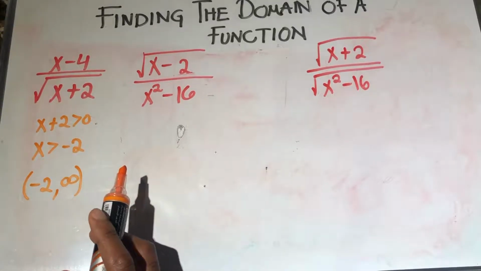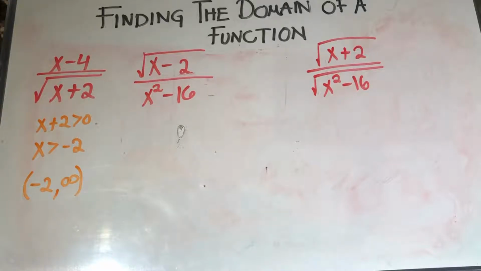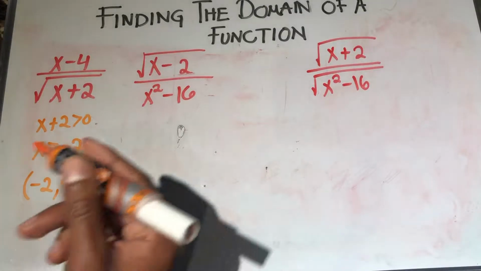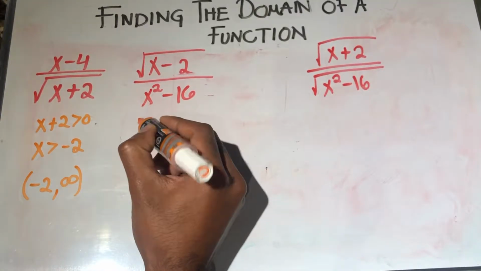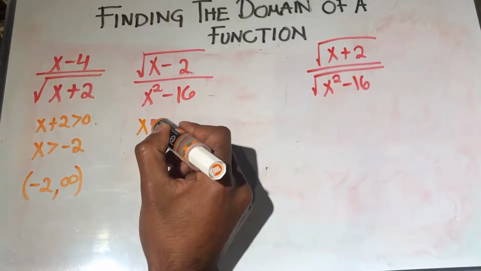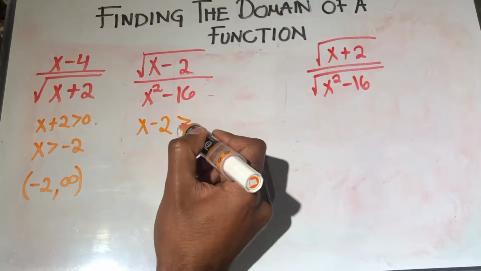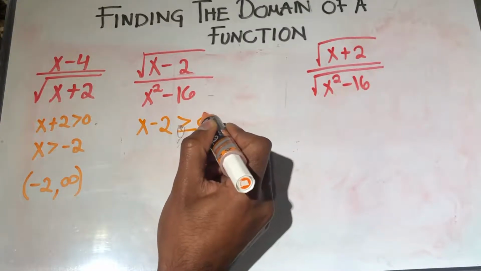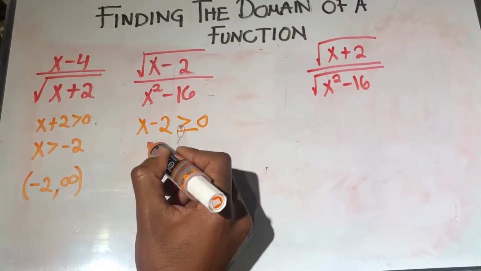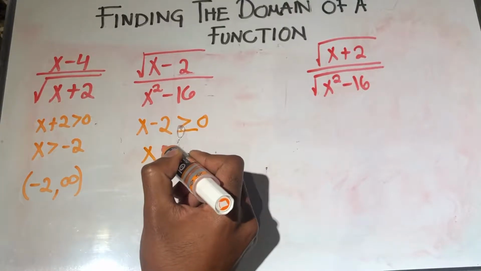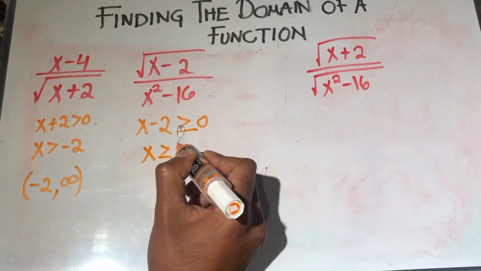Now looking at this problem, unlike the previous example where the square root is in the denominator, we can set the numerator greater than or equal to 0. So x minus 2 is greater than or equal to 0. And then if we add 2 on both sides, we're going to get x is greater than or equal to 2.